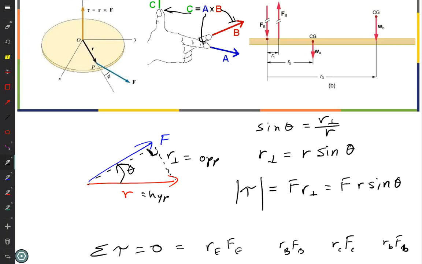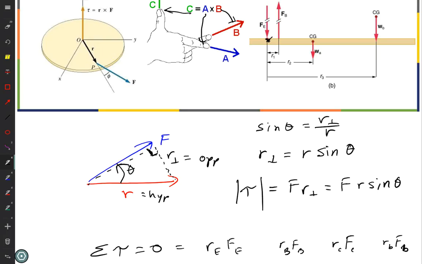By setting what to 0? Okay, the radius for the elbow. If I choose the place I'm going to sum so the radius for the elbow is 0, then that force won't make any torque. It won't cause any rotation. And so that's what I'm going to do. I'm going to sum my torques about this point.